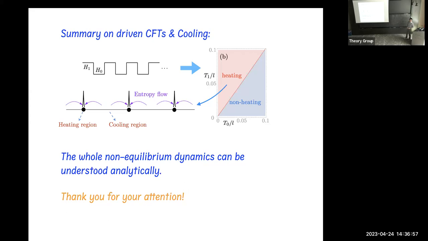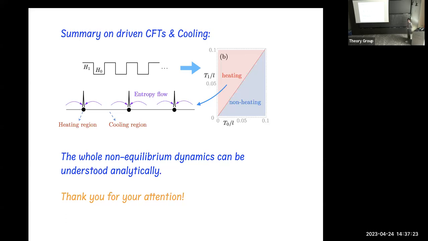So have you tried extending to higher dimension? Oh, very good. I believe in higher dimensional CFT there is also SL2R algebra, and there can still be two different phases, heating and non-heating. The reason we focus on 1D is we want to solve it exactly. We use the Virasoro conformal mapping to solve it.